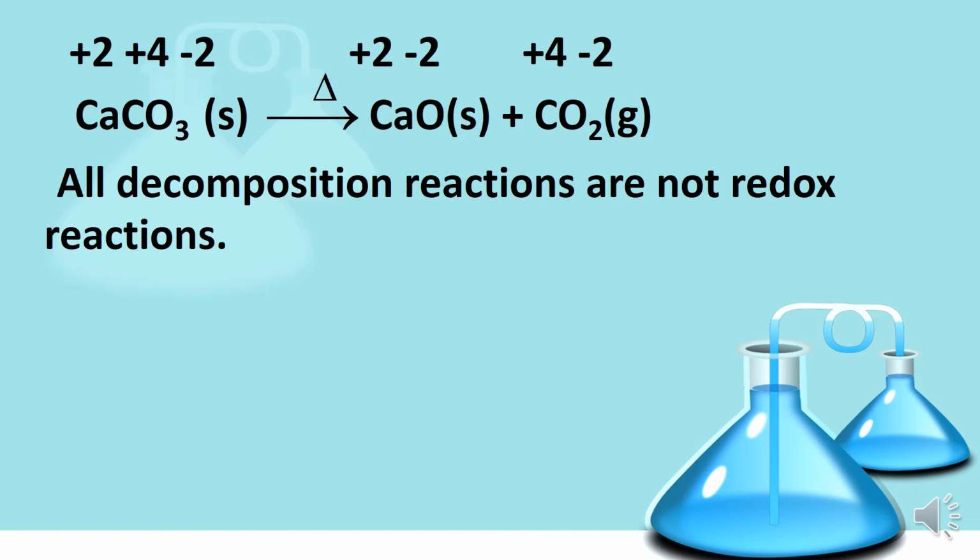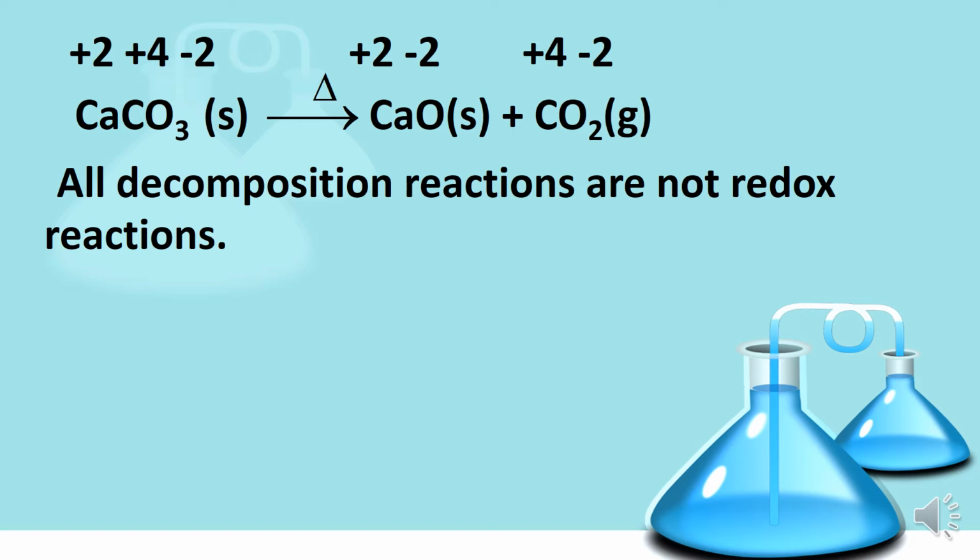Now look at the decomposition of calcium carbonate. Is this decomposition reaction a redox reaction? Let us calculate the oxidation number of each element in calcium carbonate. Calcium has oxidation number +2, carbon has oxidation number +4, and oxygen has oxidation number -2 in calcium carbonate.